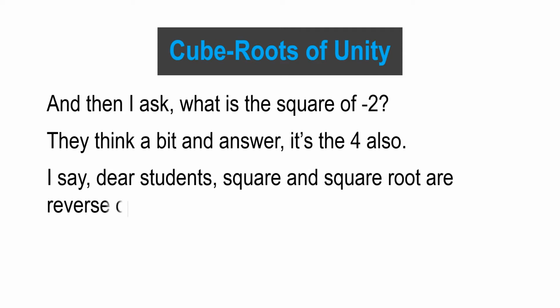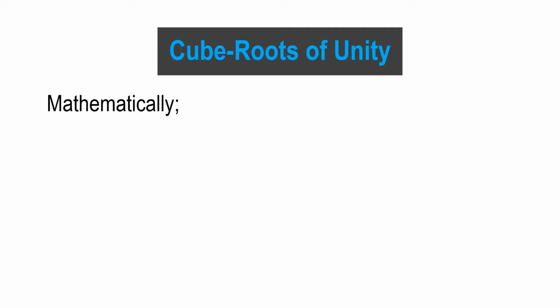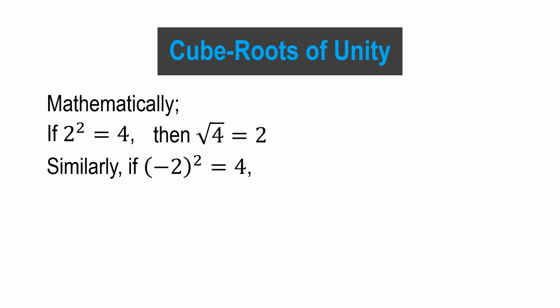I say, dear students, square and square root are reverse operations. That is, if square of 2 is 4, then square root of 4 is 2. Mathematically, if 2 squared is 4, then square root of 4 is 2.